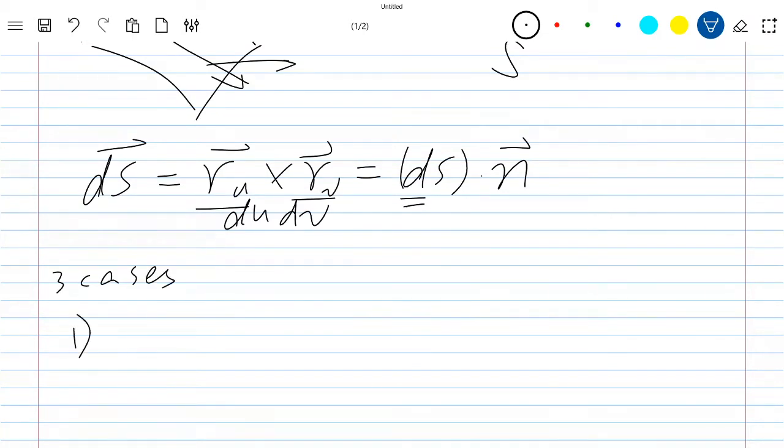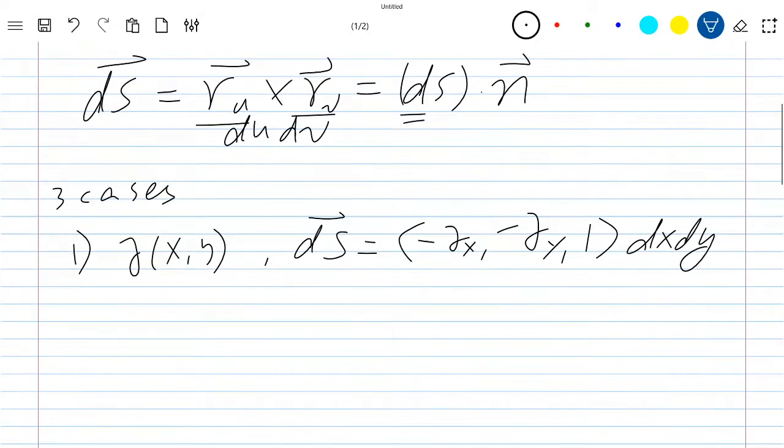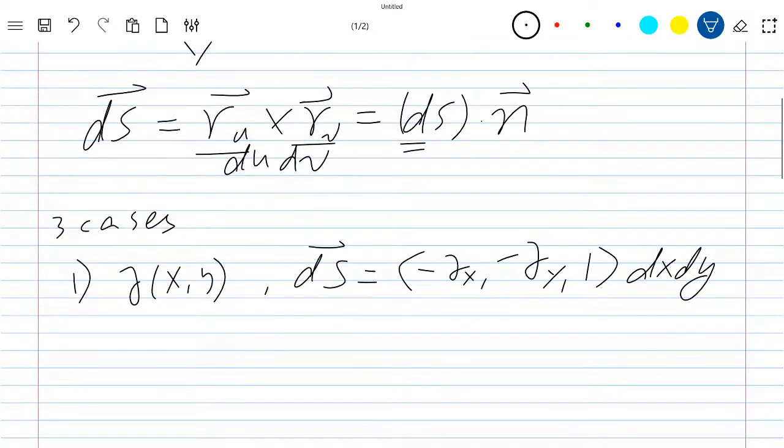One, the surface is z as a function of x and y. Then dS is just negative zx, negative zy, 1, dx dy. Be careful about one thing.